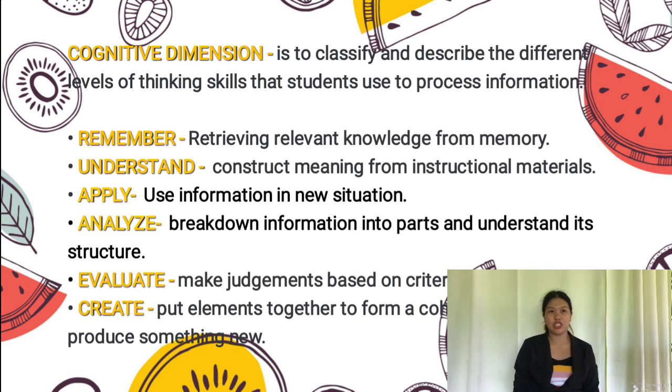By this dimension, it helps teachers understand and target the various cognitive skills that students should develop, from basic recall of facts to the most complex creation of new ideas. The cognitive knowledge has 6 levels of thinking skills.